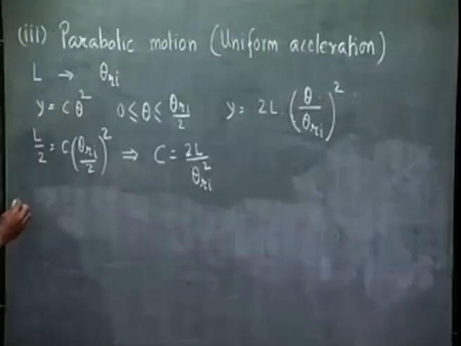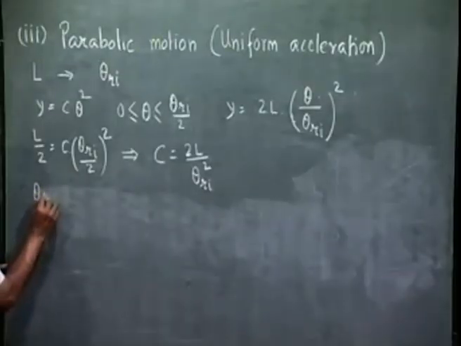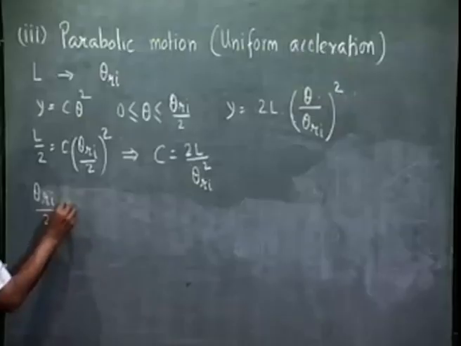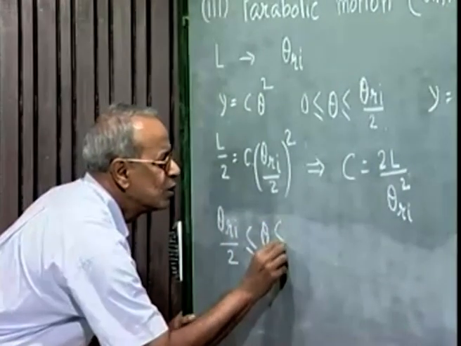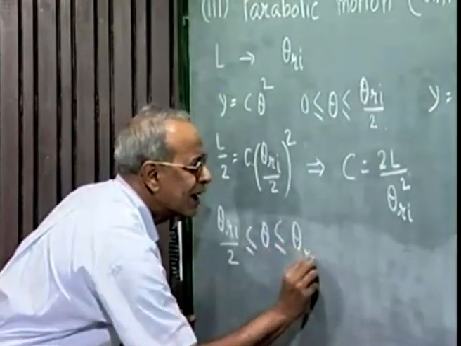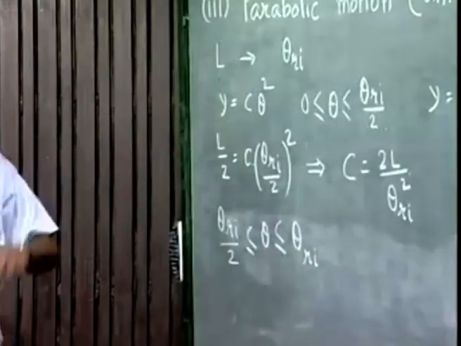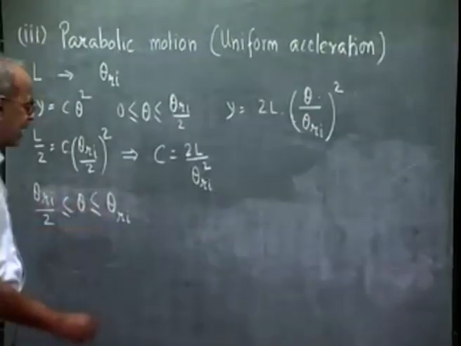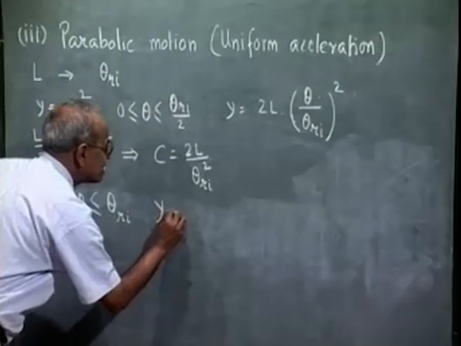For the second half, that is when theta lies between theta Ri by 2 to theta Ri, when it goes with constant deceleration, we can easily write the expression of y as follows.